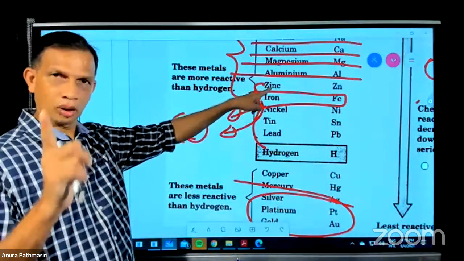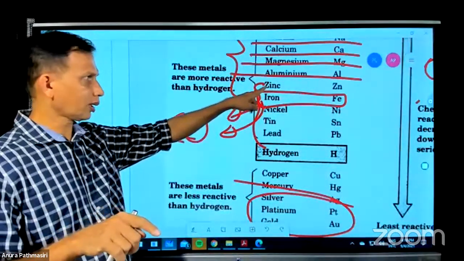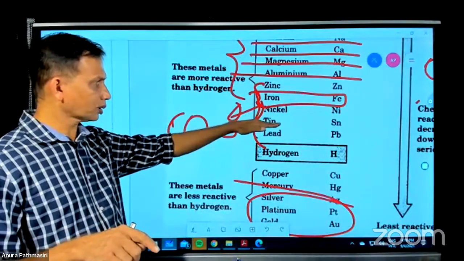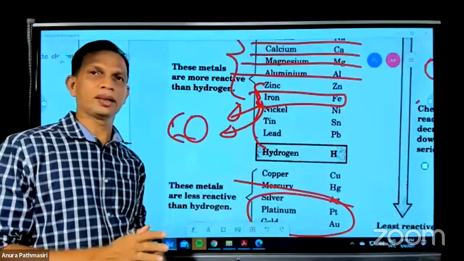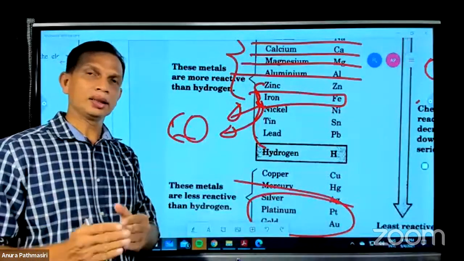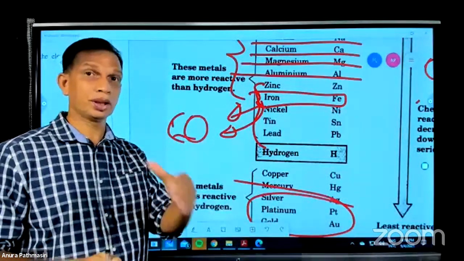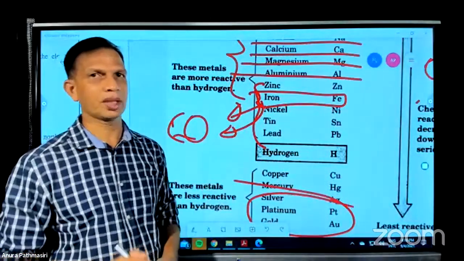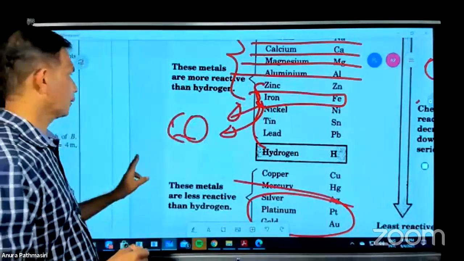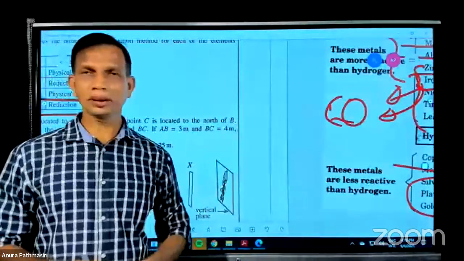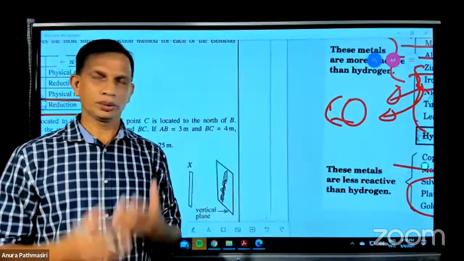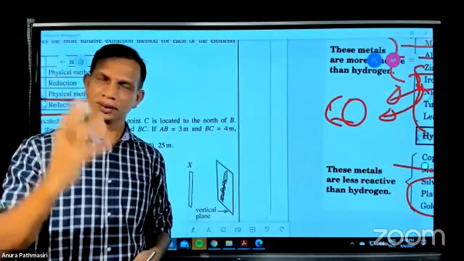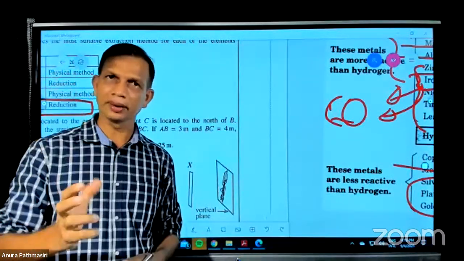Zinc, the ore is Cineba, I think, and from there downwards, reduction is applied. That means heating in the blast furnace with a reducing agent like carbon monoxide, right? You have not learned the way of extracting zinc. You have learned only iron.